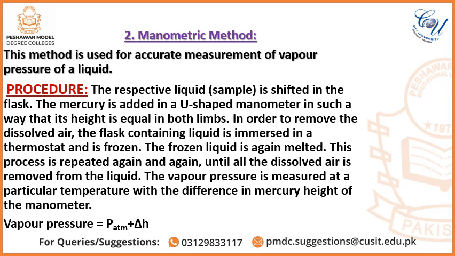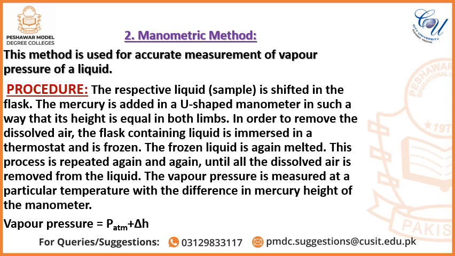A manometer is a U-shaped tube which is connected with a T-shaped tube. Now the procedure of this method. The respective liquid is placed in the flask, and mercury is added in a U-shaped manometer in such a way that its height is equal in both limbs.